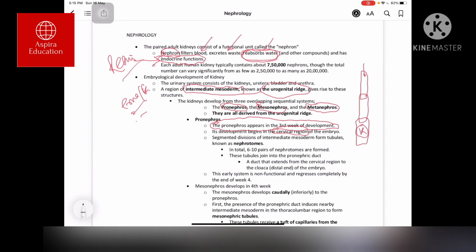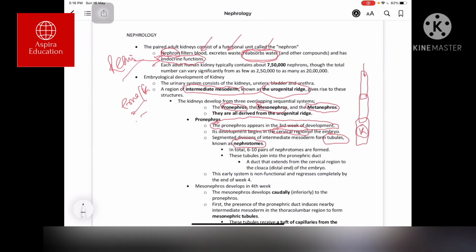There are segmented divisions of this intermediate mesoderm, which form a primitive tubule kind of structure. They are known as nephrotomes. They start forming at the third week of gestation, developing from the intermediate mesoderm in the cervical region of the fetus.